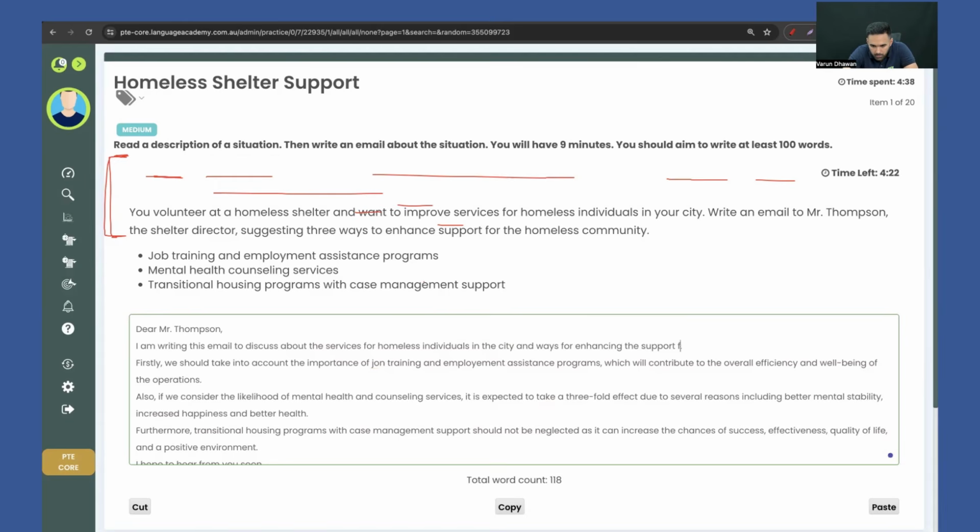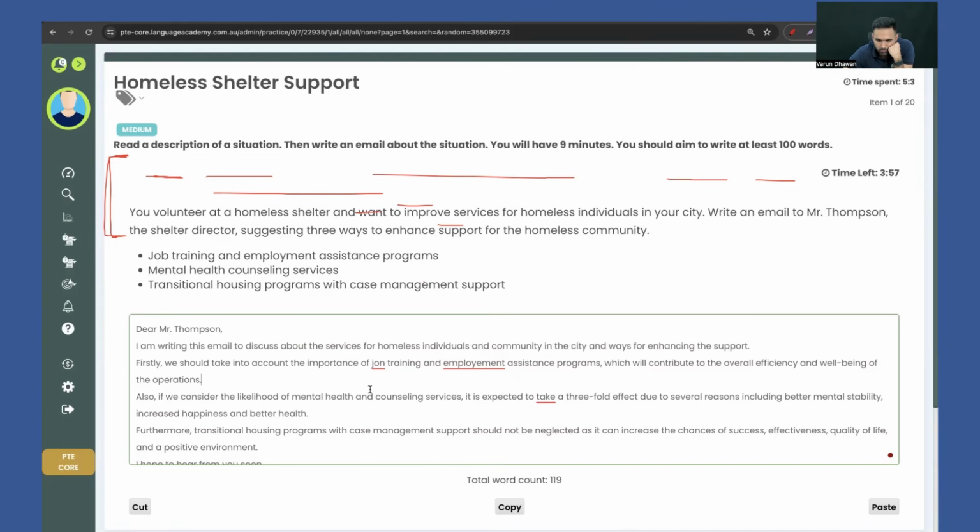But enhancing, yeah, we'll just write this, ways for enhancing the support, right? If you try to include homeless community, we will exceed the word limit. You can write this way: about the services for homeless individuals and community, just to include the word community here, in the city and ways for enhancing the support.